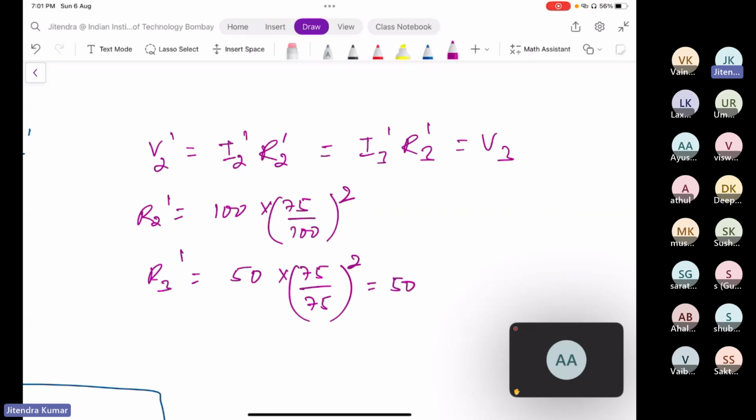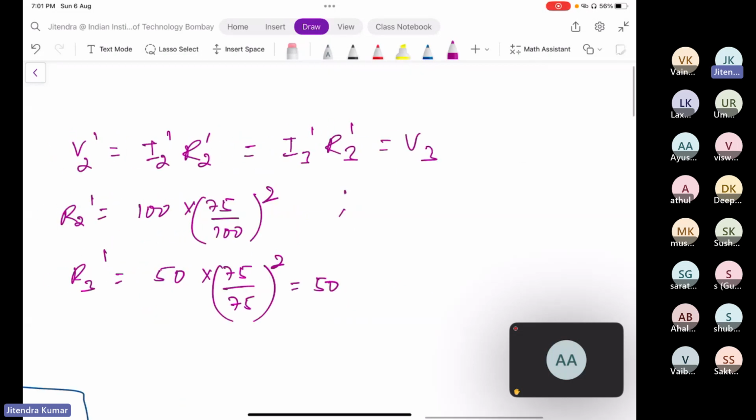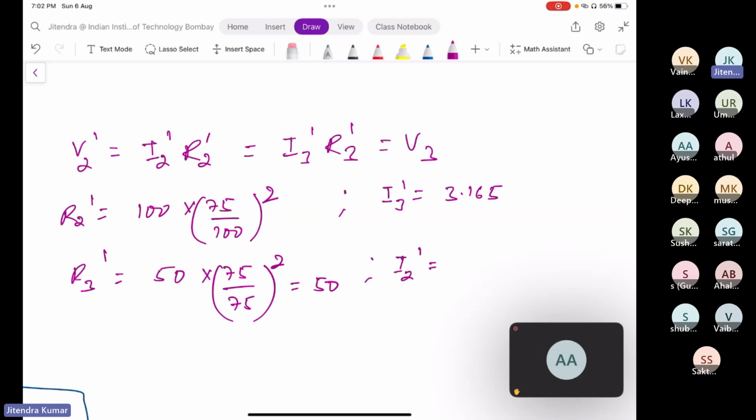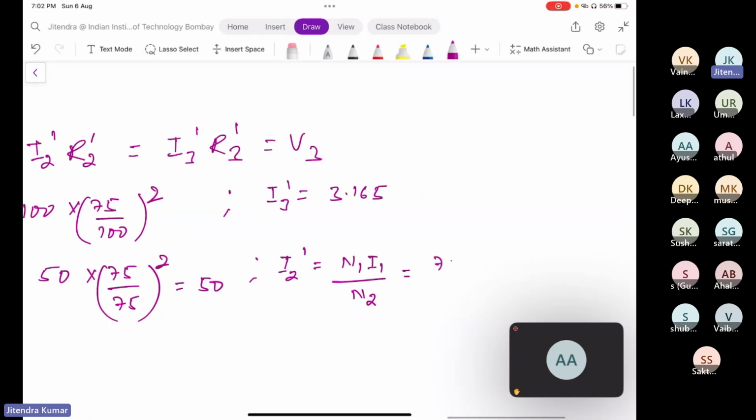Please compute R2 dash for me. And in the meanwhile, I3 dash we have computed, that is 3.165, and I2 dash is equal to N1 I1 divided by N2, and that is 75 by 100 into 6.